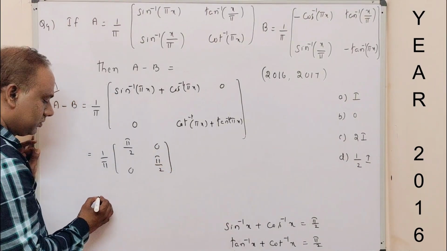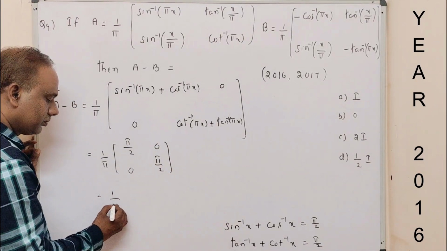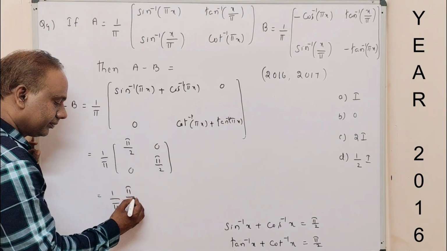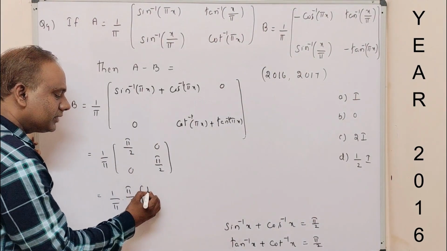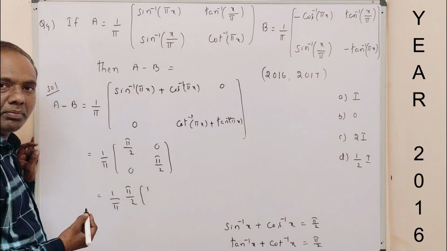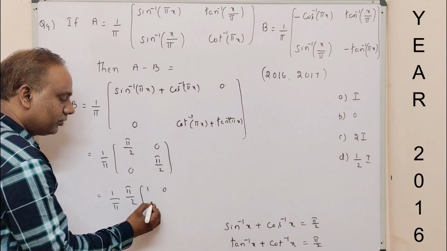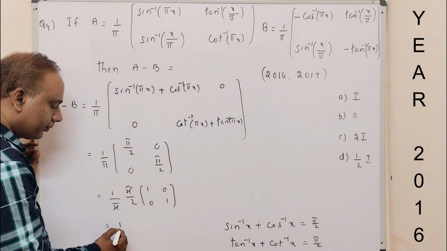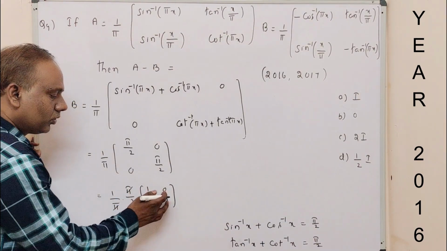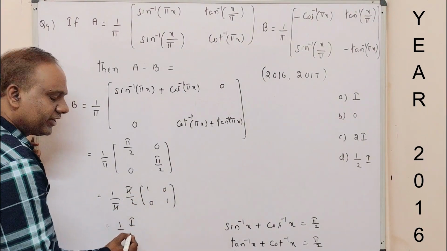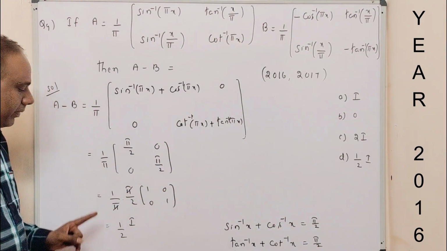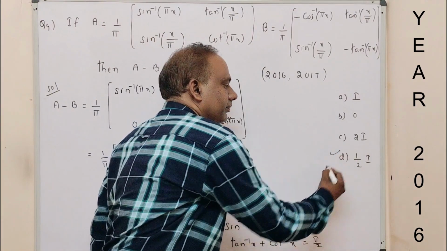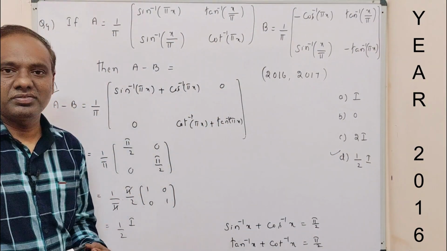Now here pi by 2 is common, then the remaining is pi by 2 common, no? Remaining only 1 0 0 1, pi cancels, so 1 by 2 times [1 0; 0 1] is an identity matrix, so A minus B is equal to 1 by 2 I. Here option D is the correct answer.